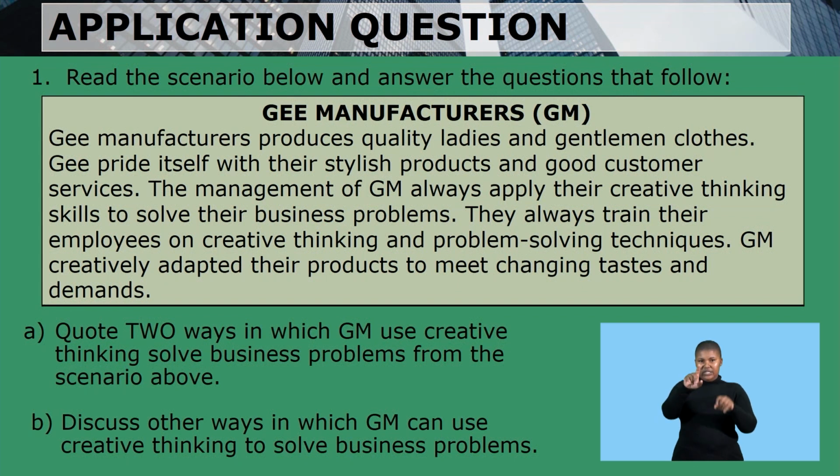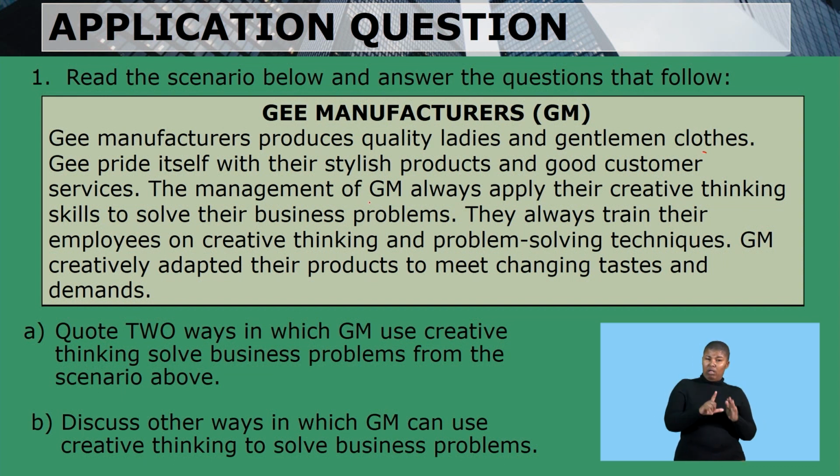All right. We are looking at GE Manufacturers, which is GM. GE Manufacturers produces quality ladies and gentlemen clothes. GE prides itself with their stylish products and good customer services.